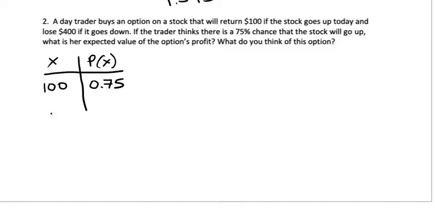The other possibility is that I lose $400, and for these problems, when you're talking about money, gaining and losing money, if you're losing money, then you want to make the x negative. So this is a case where you could have a negative value for your random variable. So if I lose $400, the probability of that happening would be 25%, because that's the only other option.